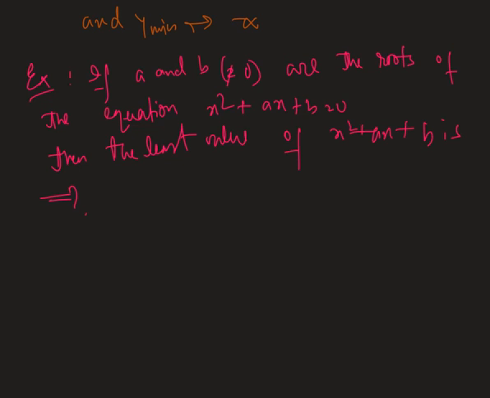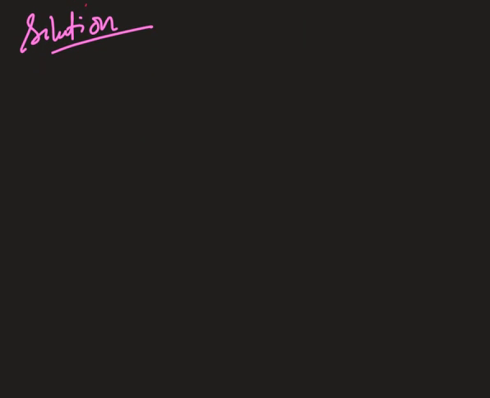So let's start with the solution. Since a and b are the roots of the equation, we can write that a plus b is equal to minus a and ab is equal to b.